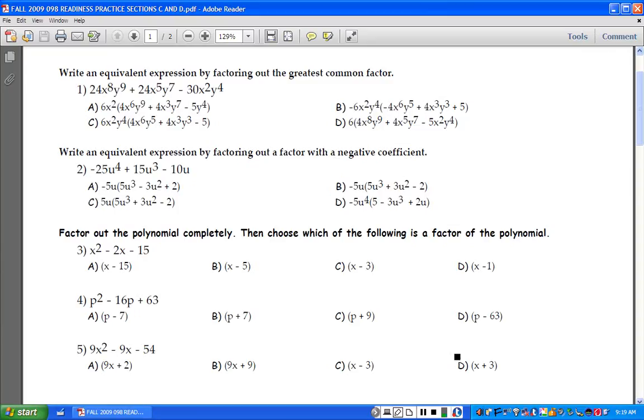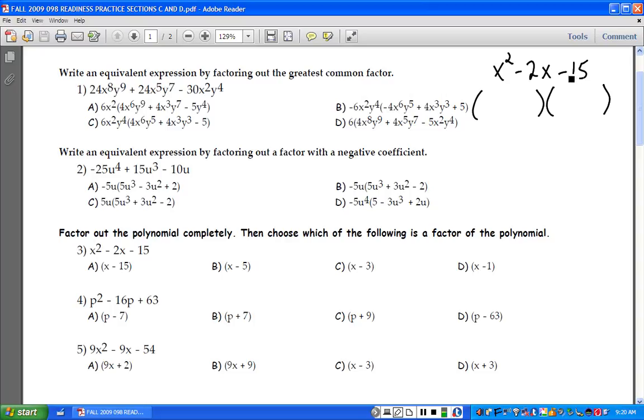So let's erase everything. Okay, number 3, x squared minus 2x minus 15. Alright, so if we're given x squared minus 2x minus 15, we know it's going to give us two binomial factors. Two binomials are going to be multiplied together to give us x squared minus 2x minus 15.